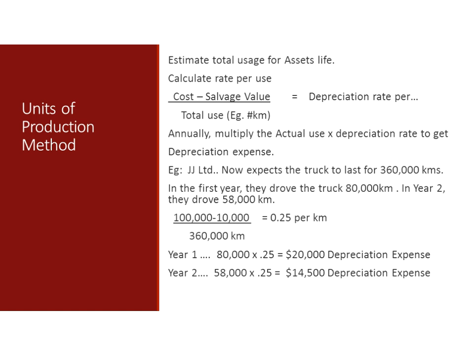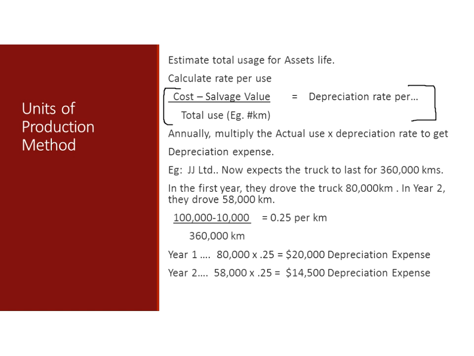The third method we'll look at is units of production. So again, for this, we're going to estimate the total usage for the asset's life, and we're going to calculate a rate per use. So in this case, we look at a formula that would look something like this. Our cost minus our salvage value divided by our total estimated use. For example, number of kilometers, number of units, number of machine hours.